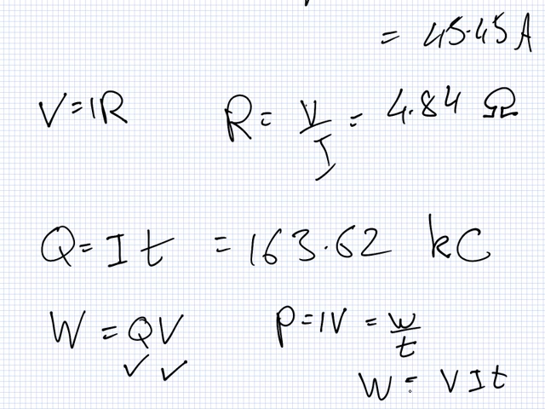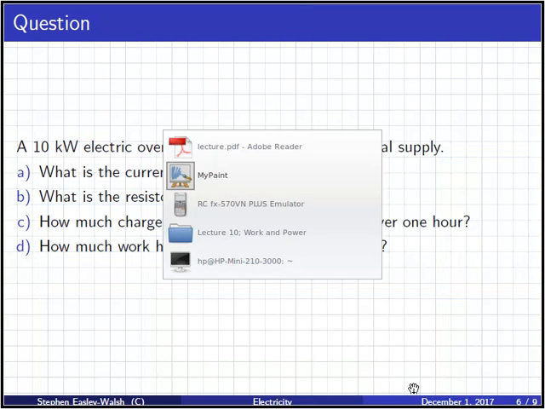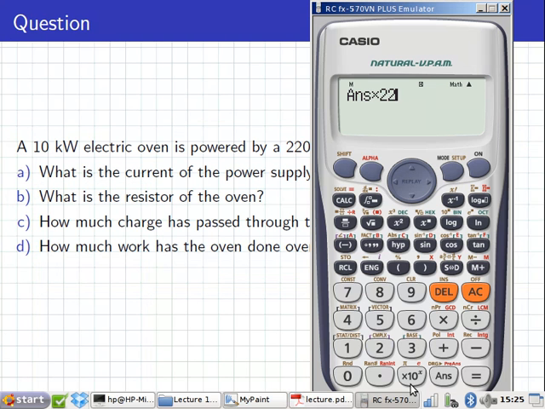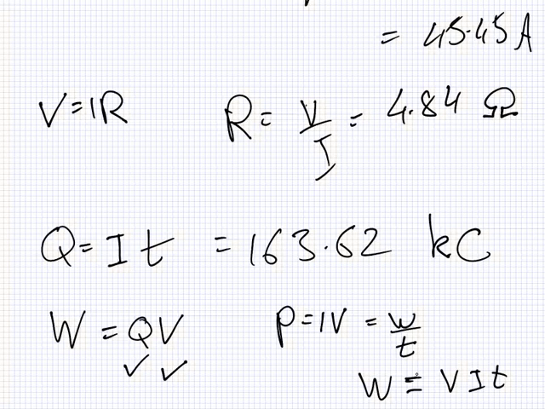Which would you prefer to use, QV or VIT? Because we already have the Q on the calculator still, multiplied by 220. Now that's a lot. Let me divide this. 36 megajoules.